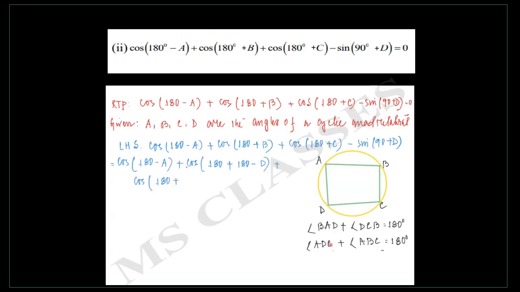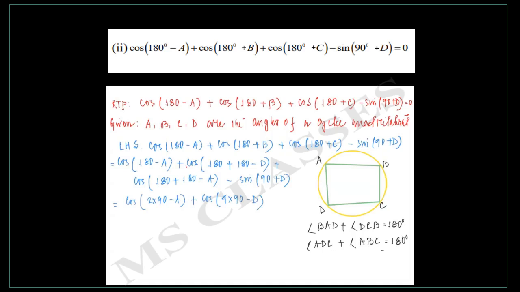Angle C is 180 minus angle A. So you can write 180 plus (180 minus A) minus sin (90 plus D). Now this one, cos (180 minus A), we write it once again, or we can write it as 2 into 90 minus A. Next, cos 4 into 90 minus D.